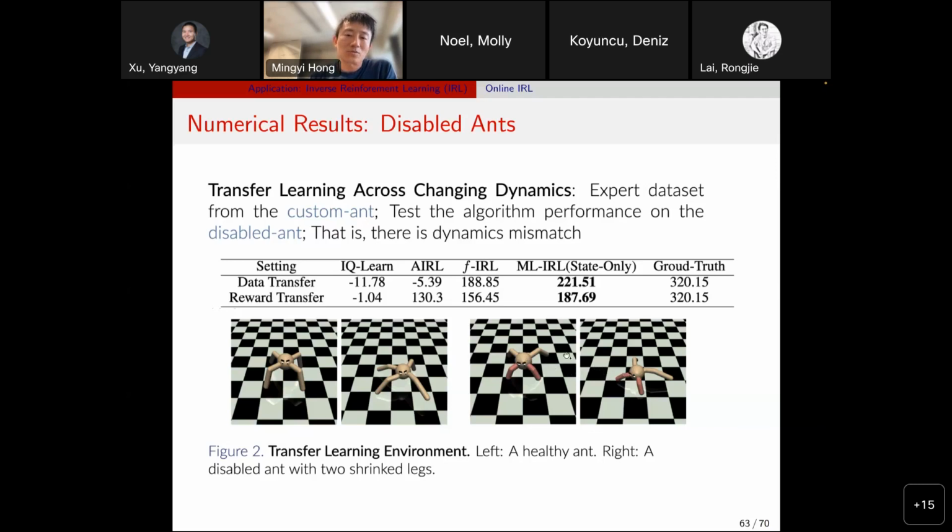I can still learn much better. We compare with all the rest of the algorithms, and we still learn a much better reward compared with them. Although the ground truth at this point is still very high and we're not very close to it, we learn much better than the rest.